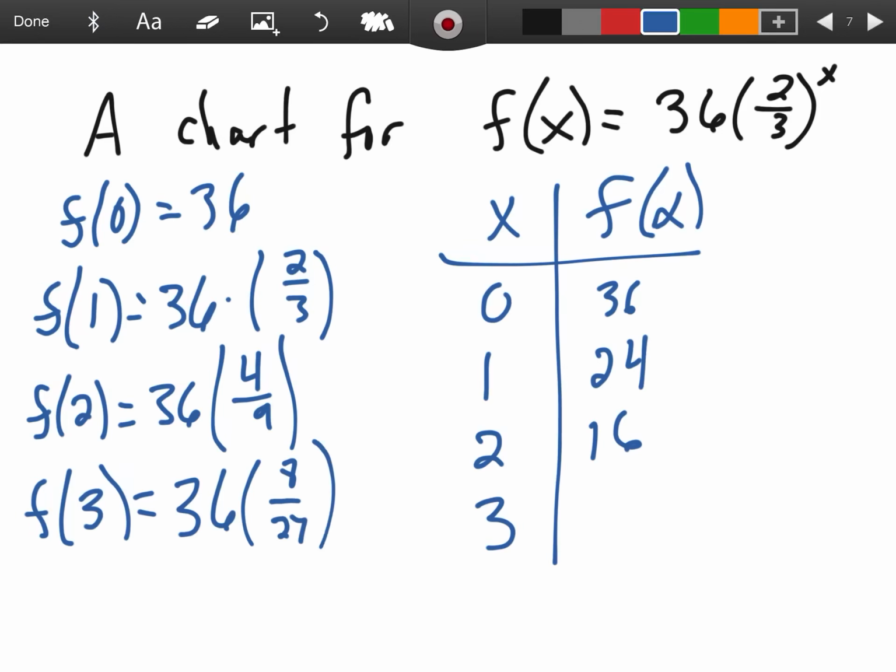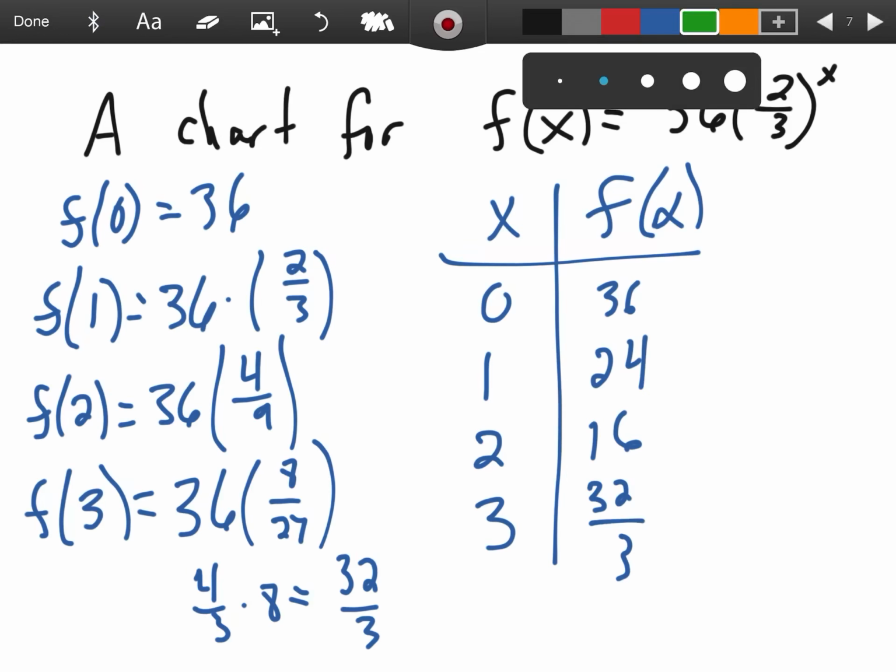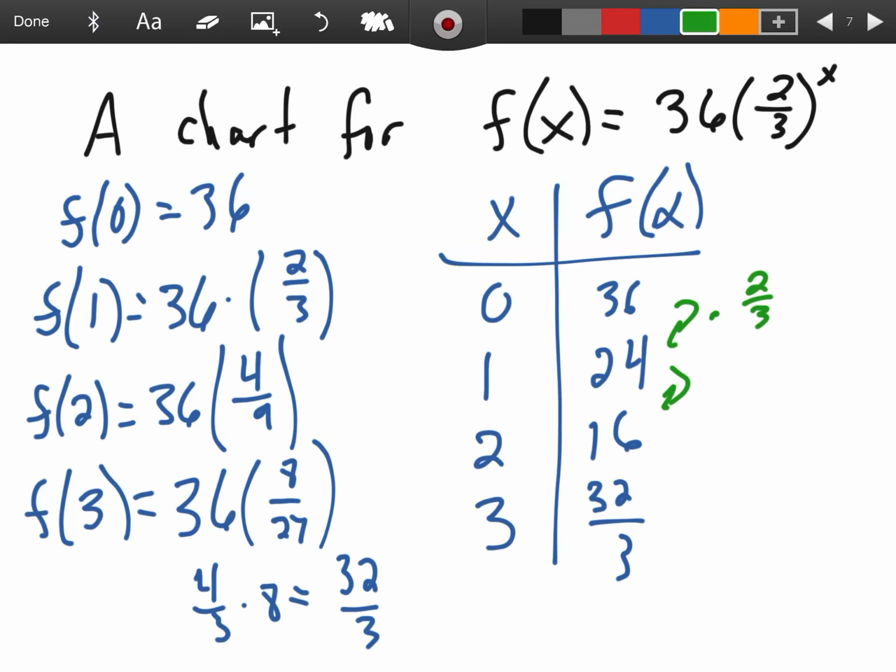Well, 36 over 27 is 4/3 times 8 is 32/3. All right, so now let's just take a look at this and make sure our growth factor is 2/3. Yep, that one's definitely 2/3. That one's 2/3. And that's also 2/3.